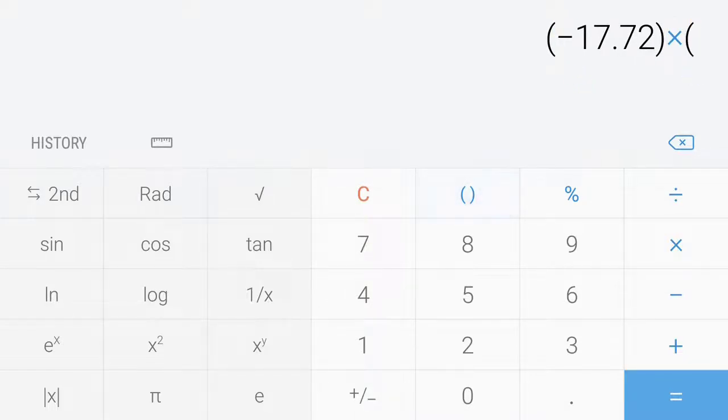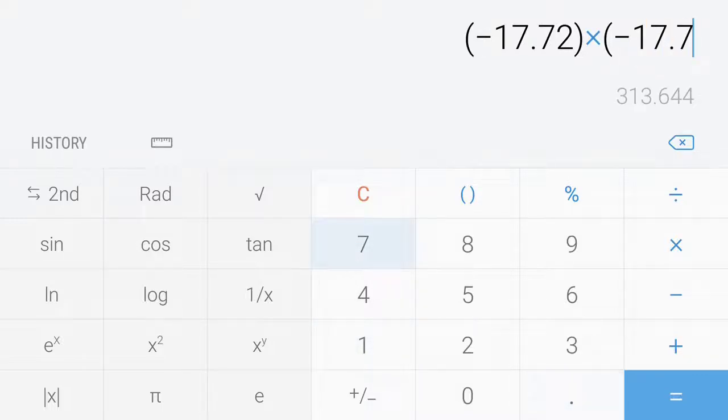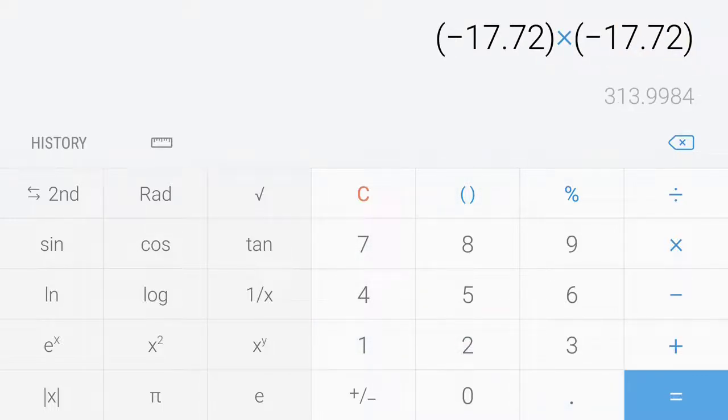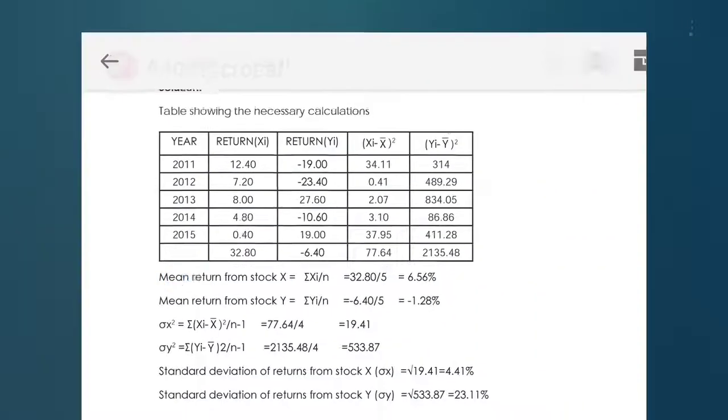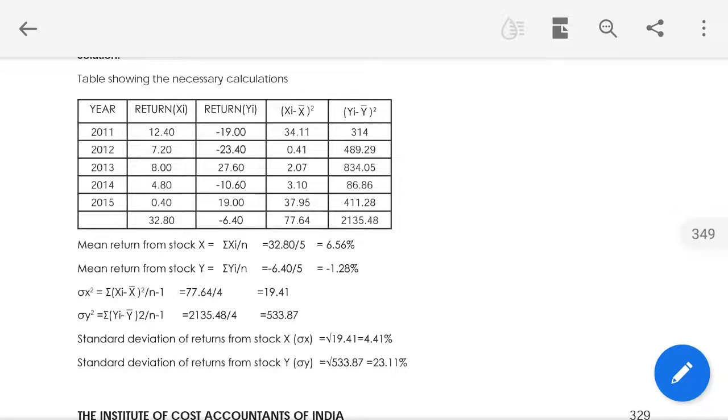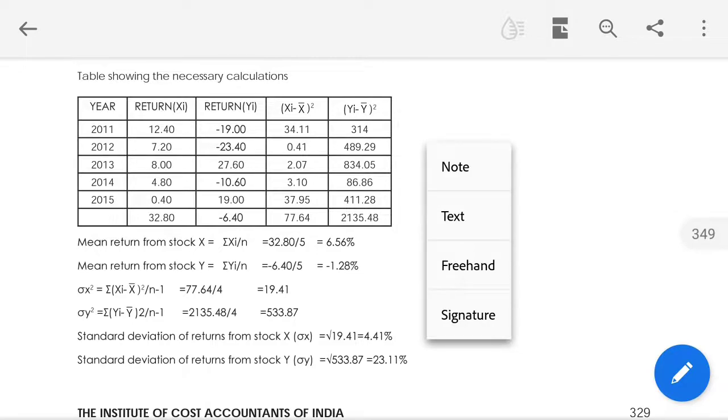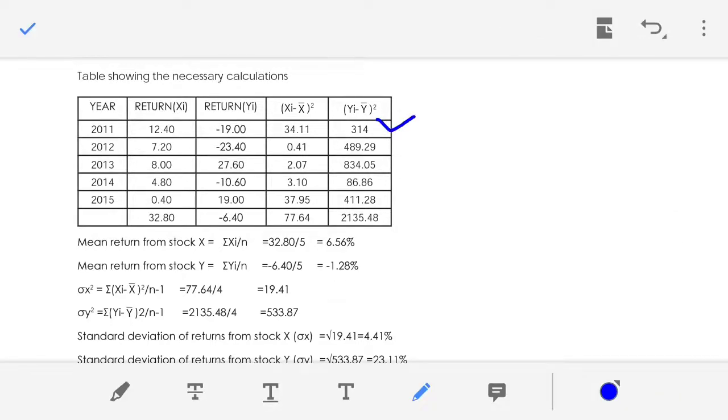And we need to square it. So this value is what, 314, right? It is 313.9984, that is what we can see here in the yi minus mean y whole square column, 314, that is here, this one.